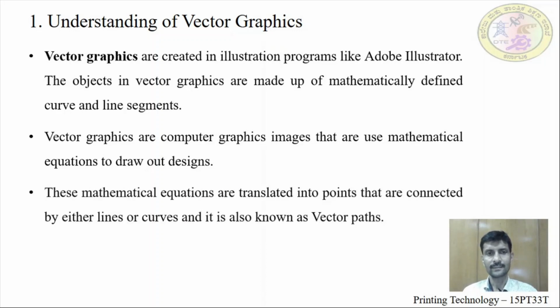Finally, these mathematical equations are translated into points that are connected by either lines or curves to make a vector path. Normally, a line or any shape must consist of a starting and an ending point. To join those points, we use a line or a curve. It is called a vector path.